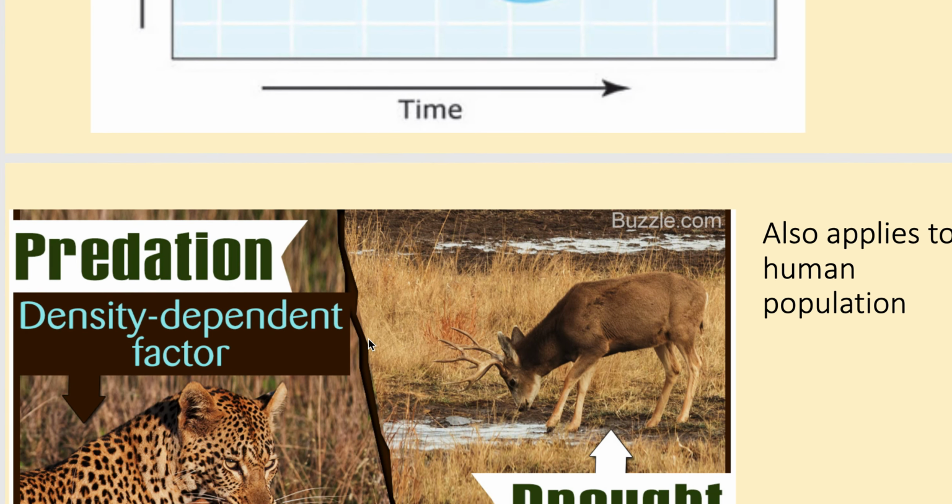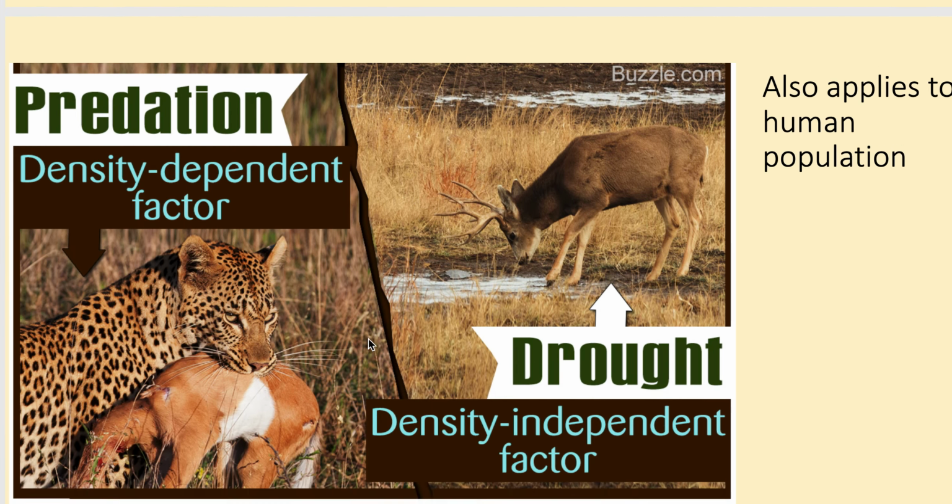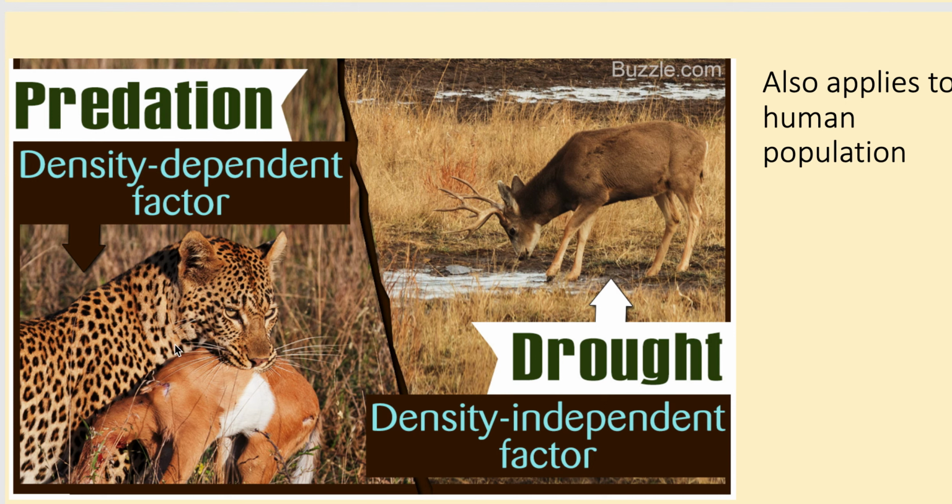Now, in terms of other limiting factors, we talked about that predator-prey relationship. That would be a density-dependent factor, right? But there's also density-independent factors. If I applied this to what's going on right now with the human population, the reason we're quarantined is because of this coronavirus, which is a disease that's affecting the human population. Would that be a density-dependent factor or a density-independent factor?